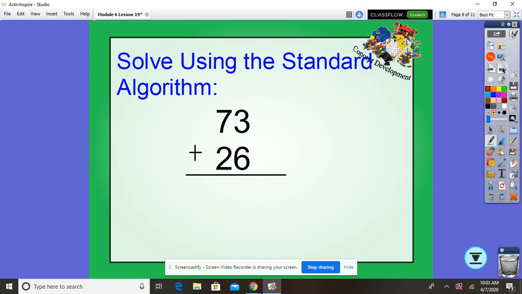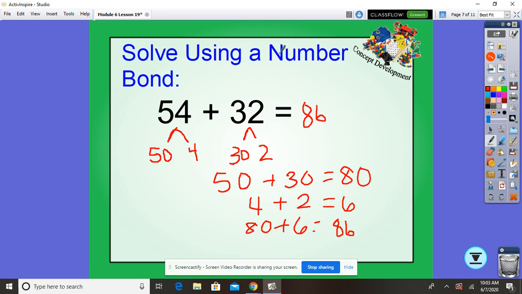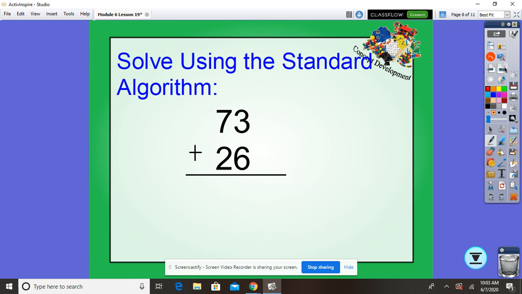And this is the new one that we haven't learned yet. This is called the standard algorithm. So usually when we're adding, we see that the equation looks something like this, the horizontal way, where this is the vertical way. And you have the ones under the ones and the tens under the tens. And I'm going to pretend there's a line here.